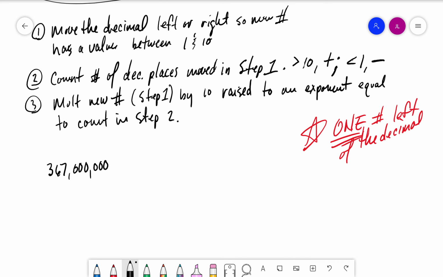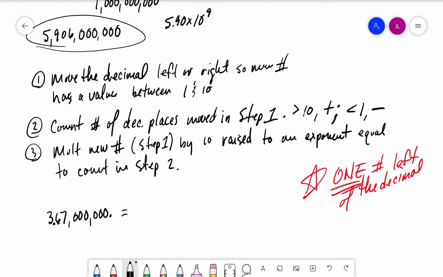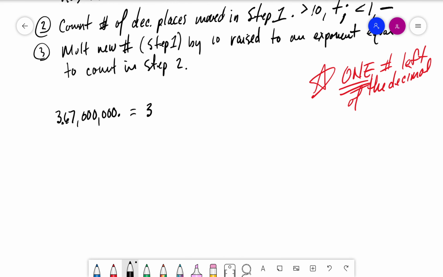The decimal point would be at the end of the number, and we want to move it to just after the 3. How many places are we moving it? 1, 2, 3, 4, 5, 6, 7, 8 places. So 367 million in scientific notation is 3.67 times 10 to the 8th power.